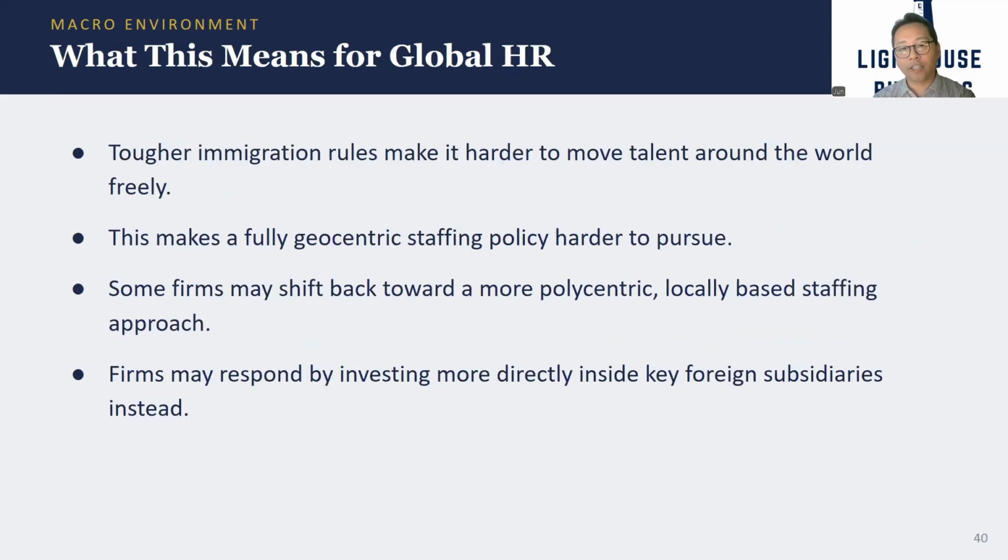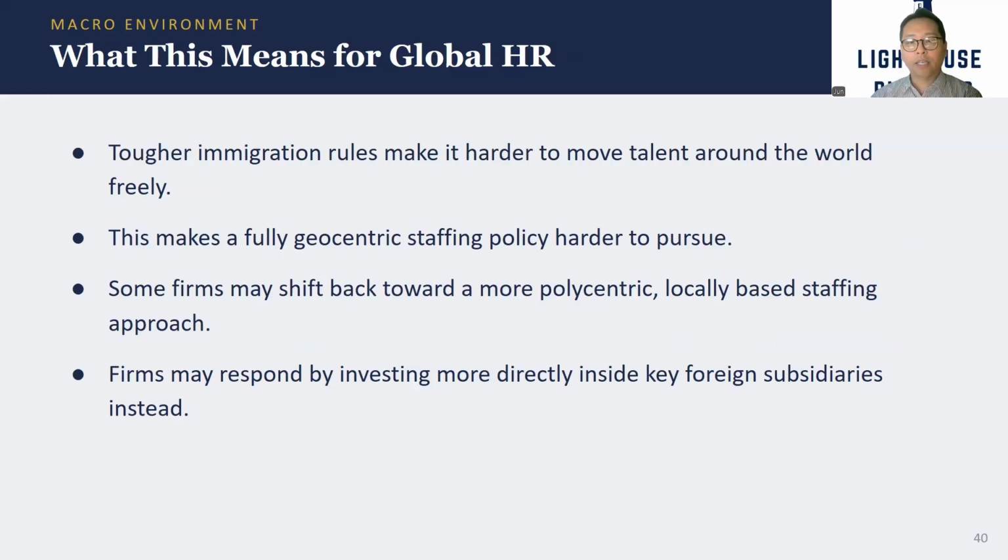What does this tightening immigration environment actually mean for global human resource management? Tougher policies toward legal immigration make it harder for companies to move their best talent freely around the world.